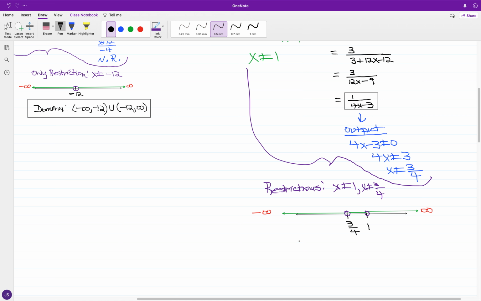So for g composed with f of x, in the case of the domain, you have going past negative infinity, approaching but not including 3/4. Again, bypassing 3/4, for the middle strip we have those values of x greater than 3/4 and approaching but not including 1.